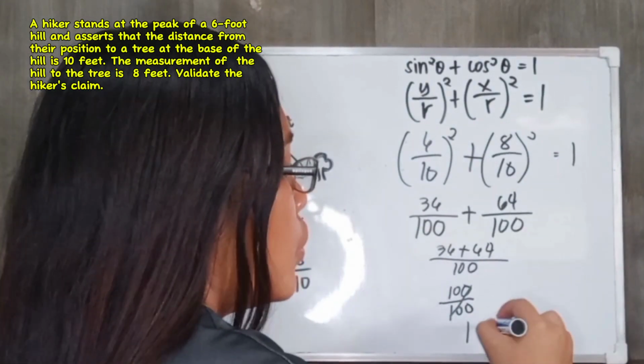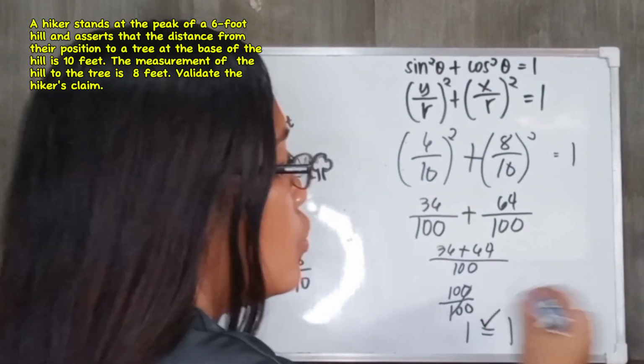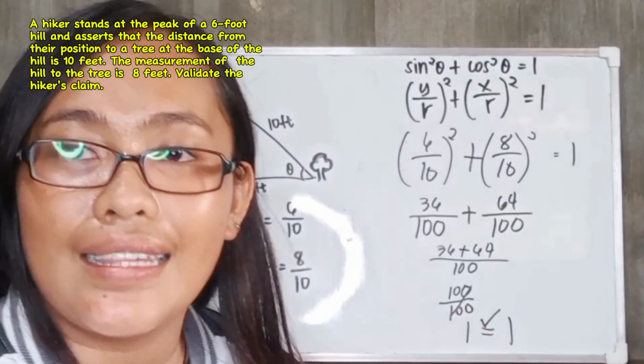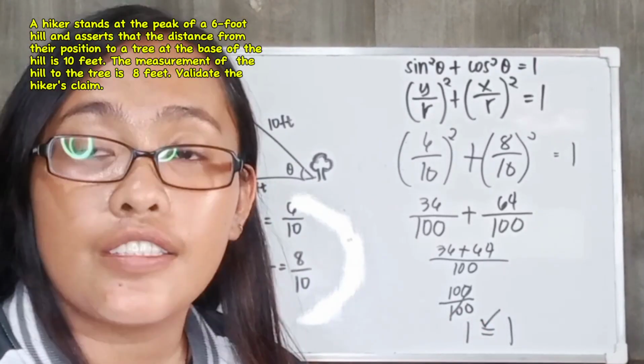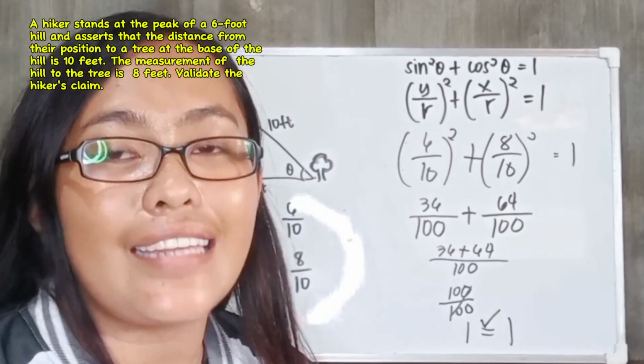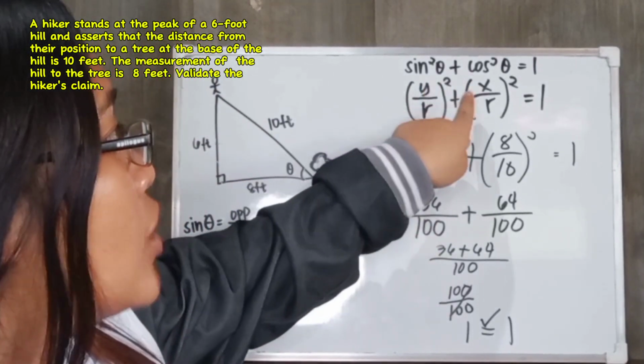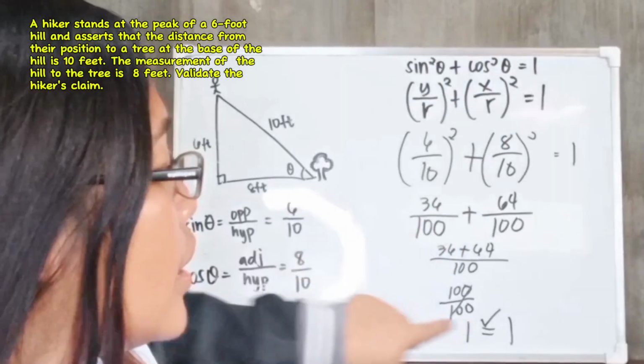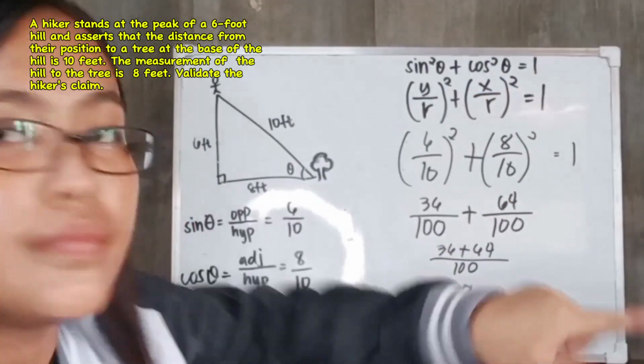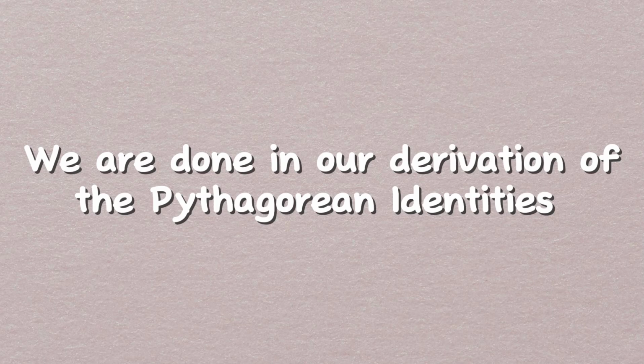So we can conclude that the hiker's claim is correct using the Pythagorean identities, because the sine squared theta plus cosine squared theta value here is equal to 1. Amazing, right? We are done deriving our Pythagorean identities.